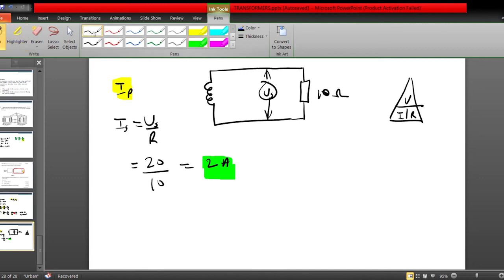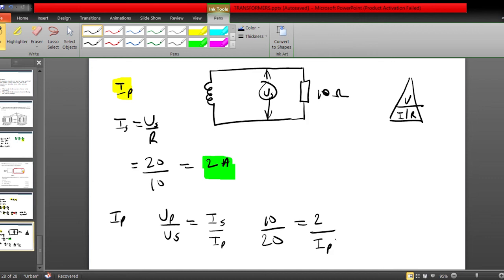Now, Ip. The formula is Vp over Vs is equal to Is over Ip. What is Vp? Vp is 10 volts. What is Vs? 20 volts. That is equal to Is, which is 2 amperes, divided by Ip that we're trying to find.